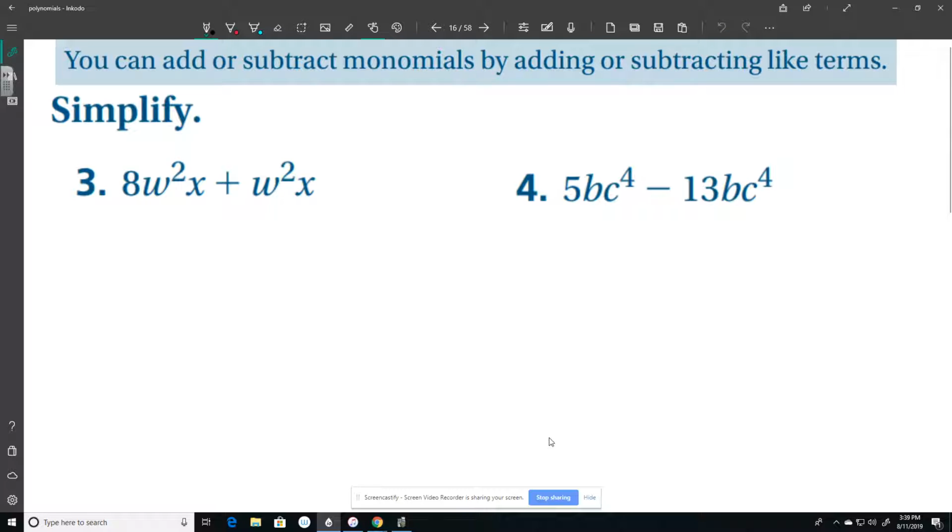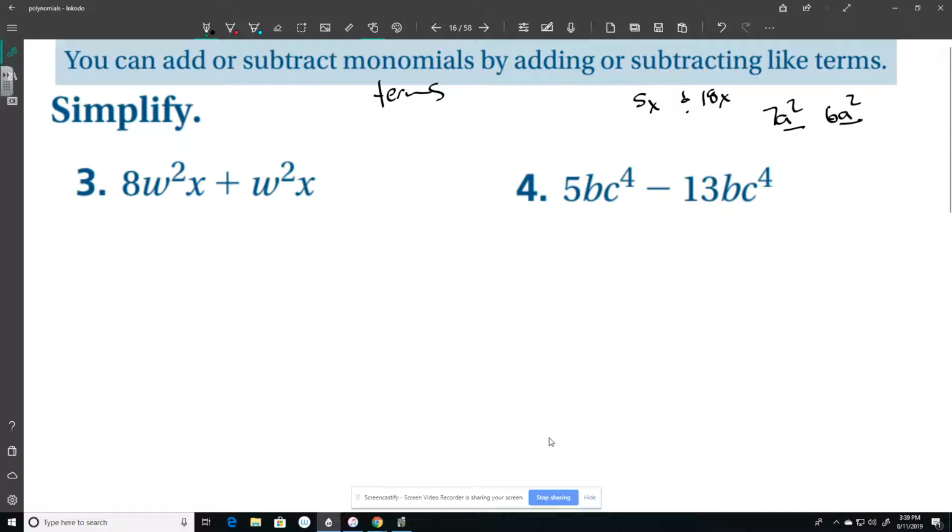Okay. You can add or subtract monomials by adding or subtracting like terms. This isn't new. The language is a little bit new, but you can add or subtract terms together by adding and subtracting the like terms together. What you need to remember is like terms are something like 5x and 18x. The variables are the same. Or 7a squared and 6a squared. The variables match exactly.